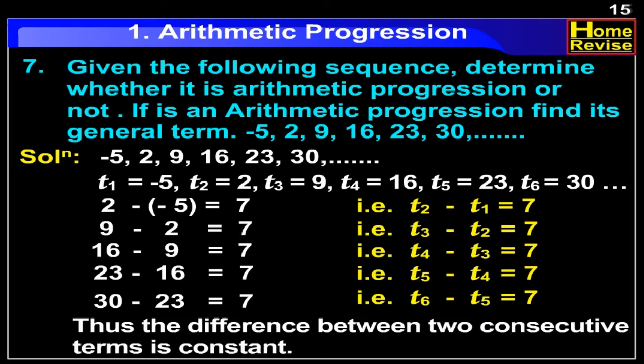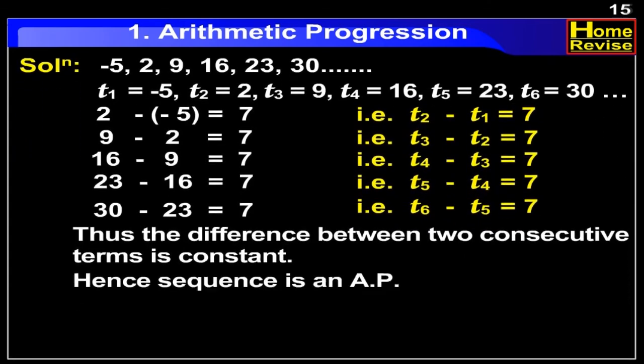Thus, the difference between the two consecutive terms is constant. Hence, the sequence is an arithmetic progression. Therefore, A is equal to minus 5 and D is equal to 7.